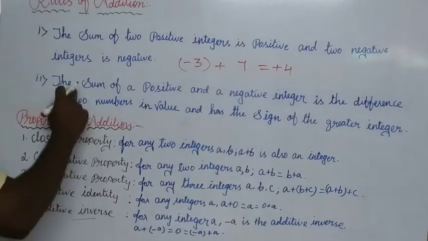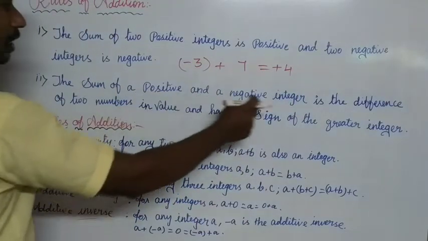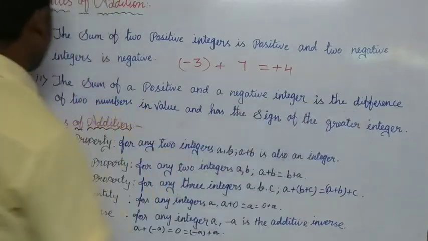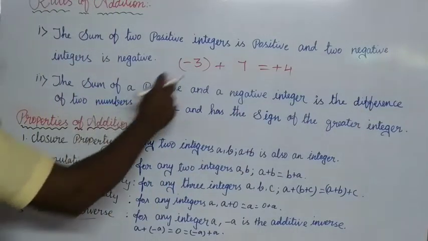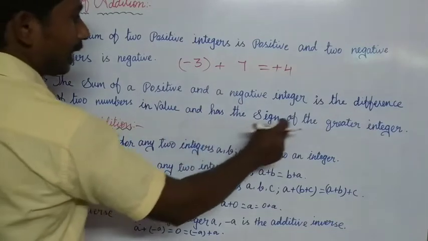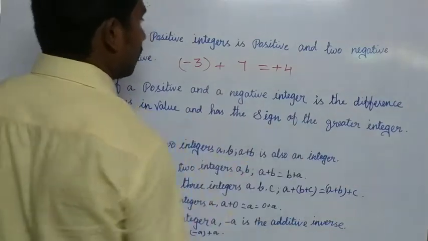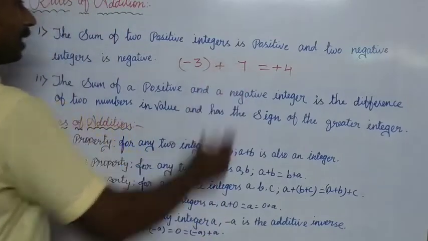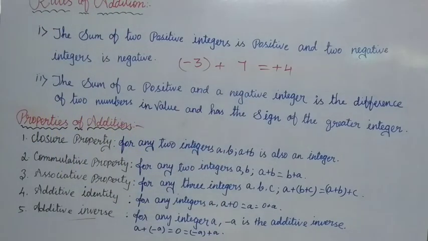That is, the sum of a positive and negative integer is the difference of the two numbers in value and takes the sign of the greater integer. இந்த two integerல எந்த இன்டிஜர் கிரேட்டரா இருக்கோ அதோட சைன் நம்ம அந்த ஆன்சருக்கு கொடுக்கணும்.